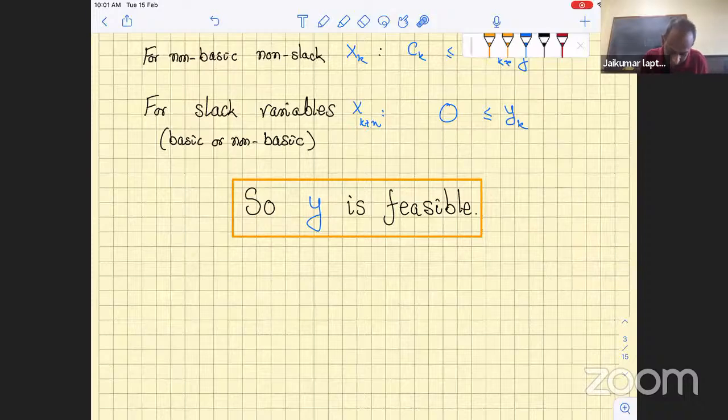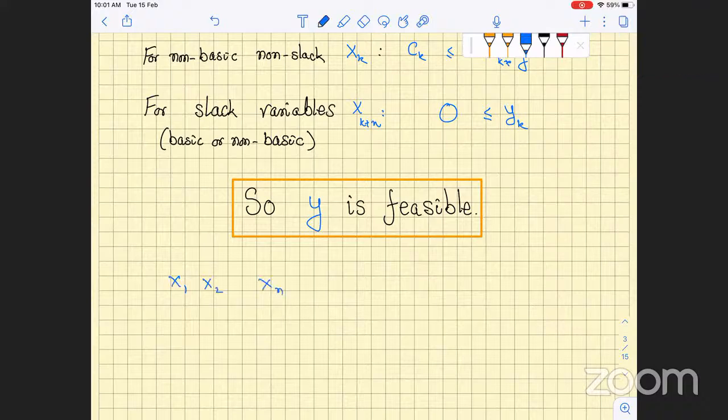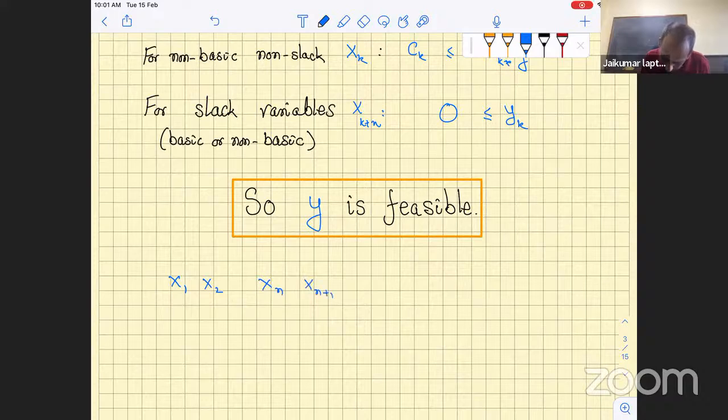So originally we had variables x1, x2, xn, and we added new slack variables xn plus 1 to xn plus m, and we stuck in an identity matrix here. And the variable corresponding to this row was y1, y2, ym.